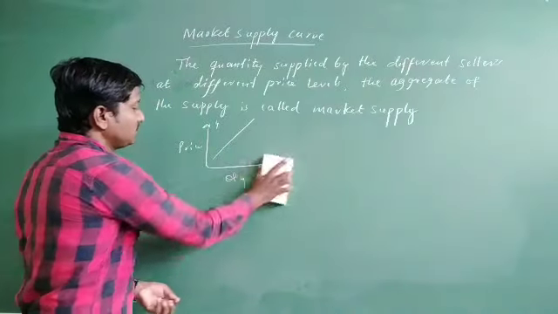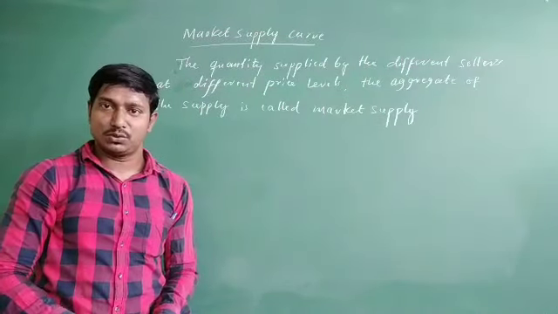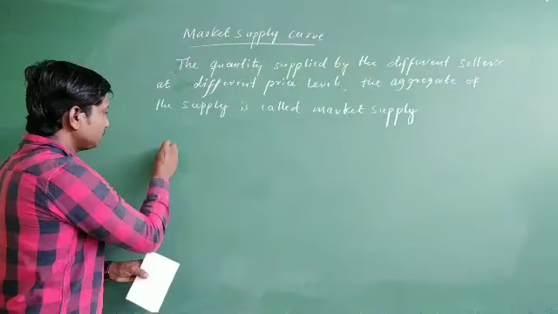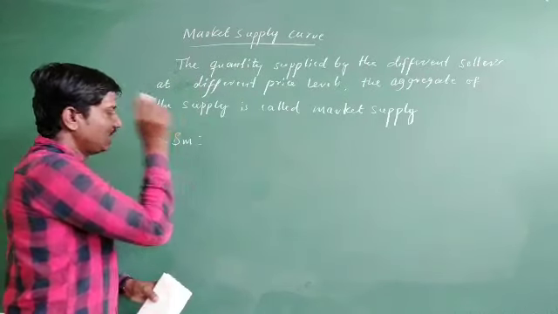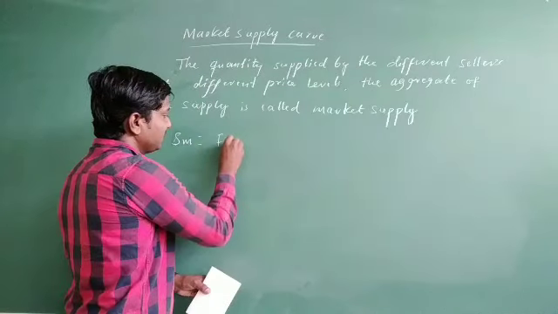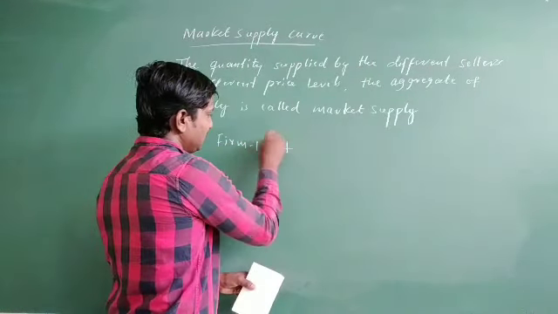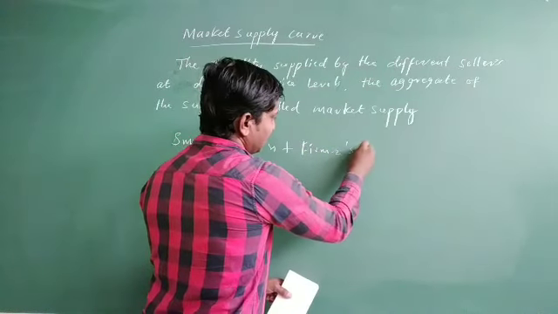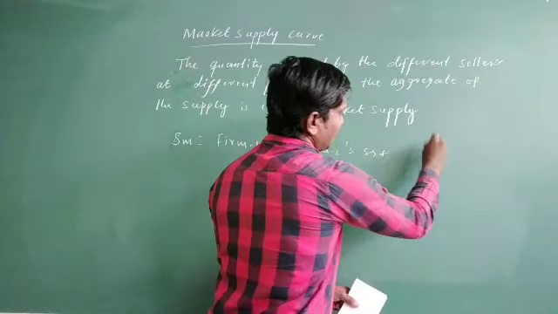But here what we actually should do is understand how the market supply is formed, that is how the suppliers are going to supply different quantities. Therefore, market supply is written as SM, market supply, right? So firm 1's supply plus firm 2's supply plus and so on up to n.